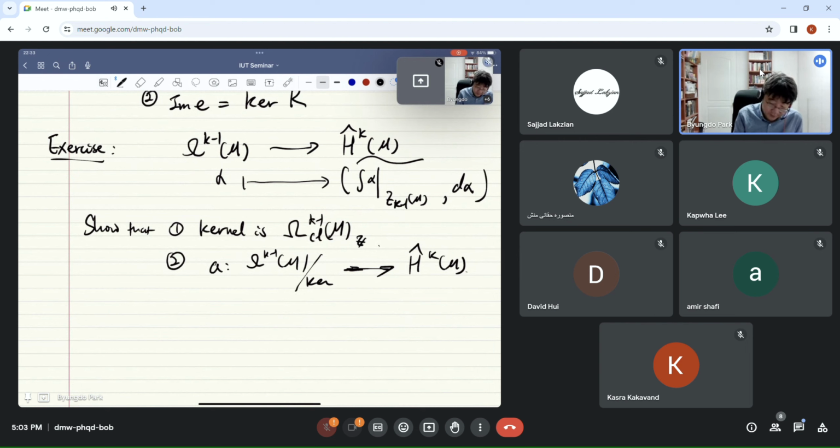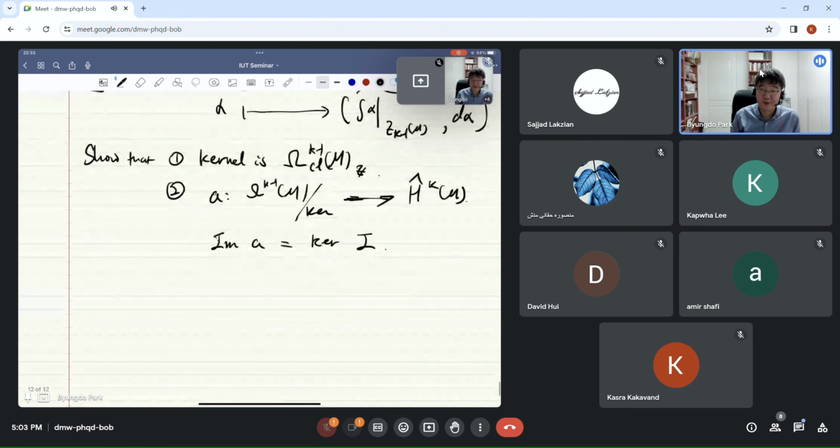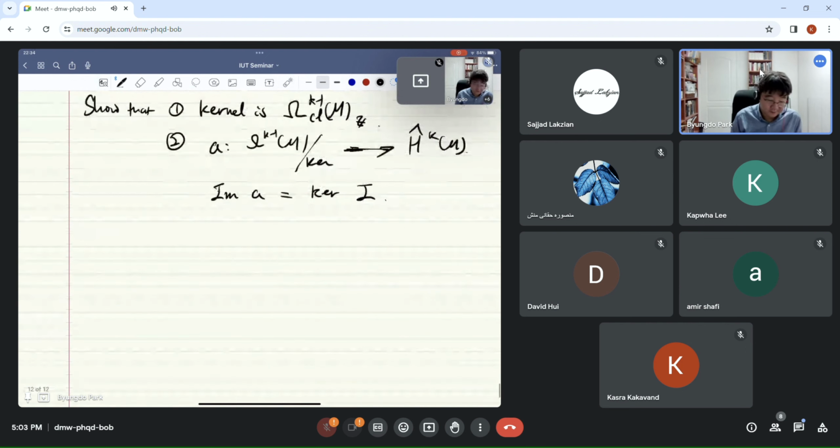Then show the image of A is actually corner of I. Yeah, it's also not difficult to check. It's just some minor details.